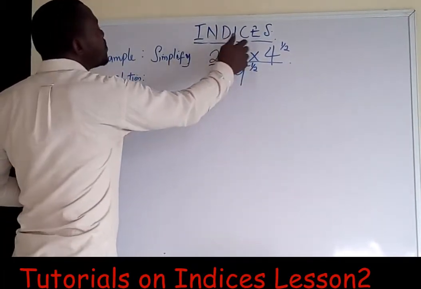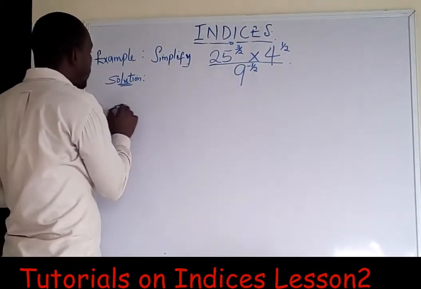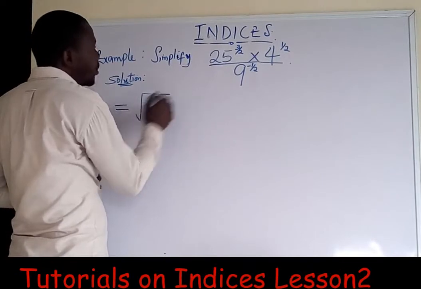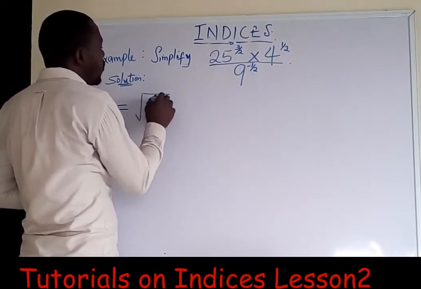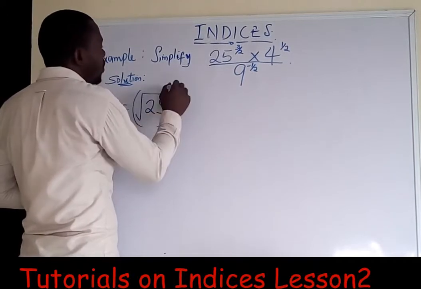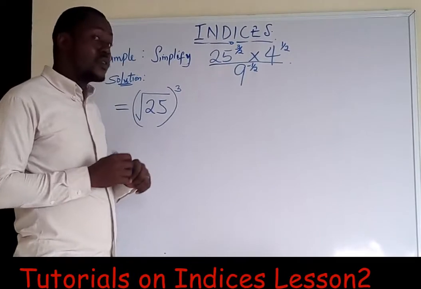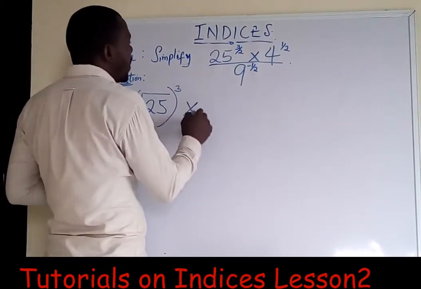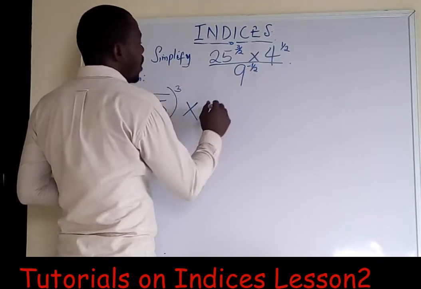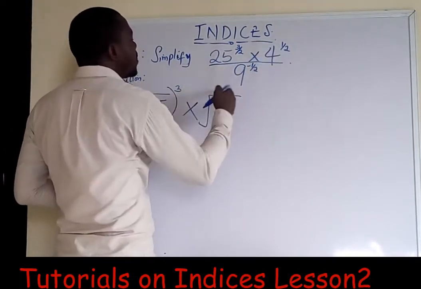What can we do to this power? There's a particular law that says we write it like this, because this one will take the square root of 25, everything cubed. I think this should be the 7th law from the previous tutorial. Multiplied by, even this one will have the square root of 4, because 2 is the denominator, so it will be a square root.